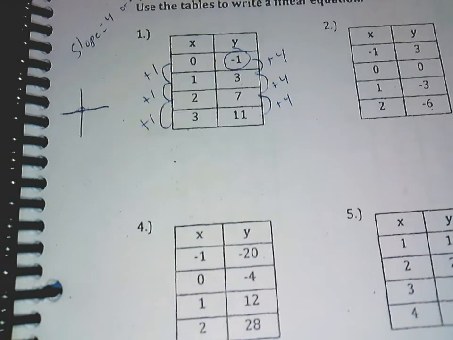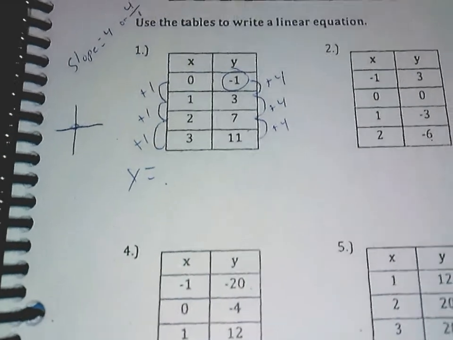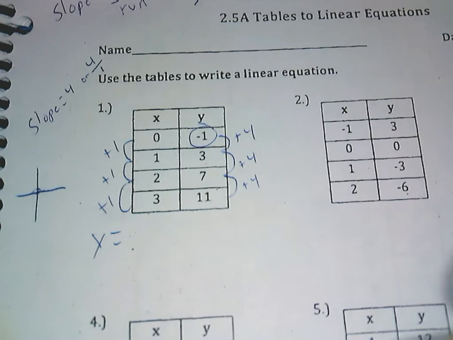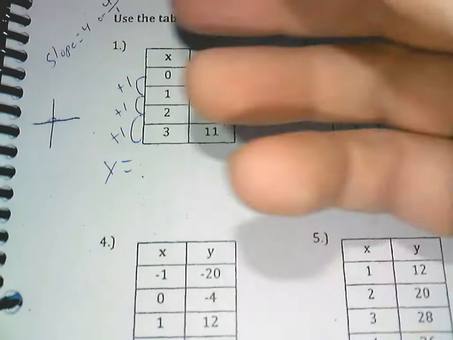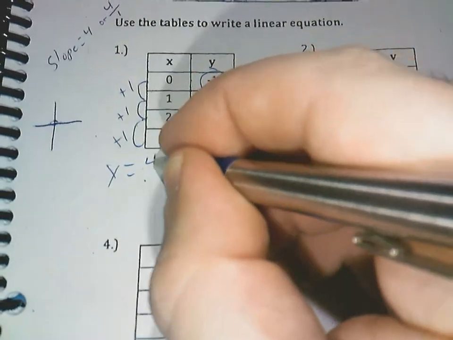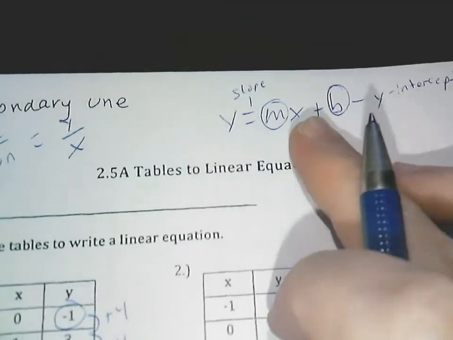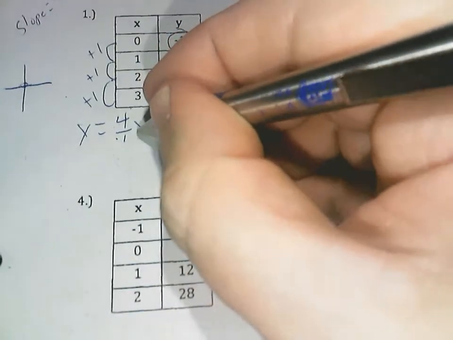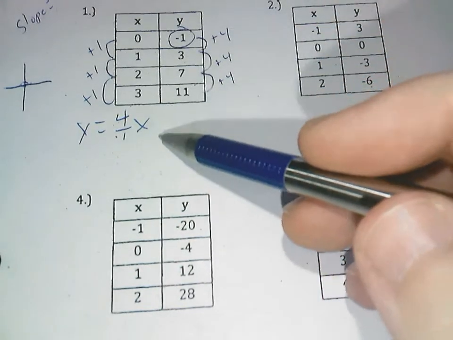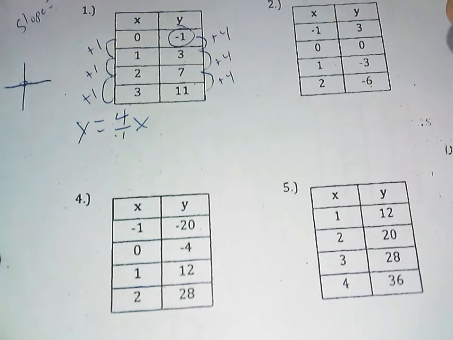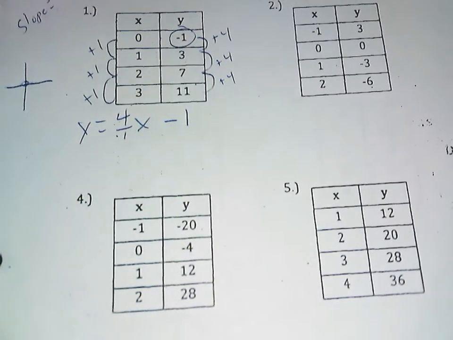So to set up my equation, I have y equals my slope, which is 4, or 4 over 1. I'll write it as 4 over 1 because we like to keep our slopes as a fraction, but you could write it as 4 if it's a whole number, it's fine. Then we times that by our x. And our y-intercept is -1, so I could say plus -1, but that's the same as just subtracting 1, so I'll just write subtract 1.